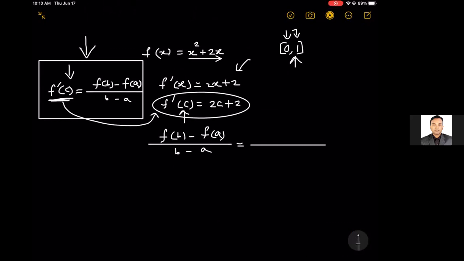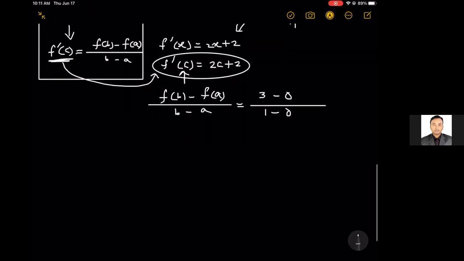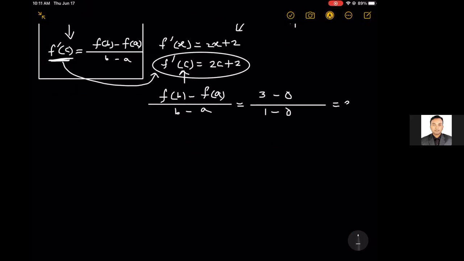So if we plug in 1, we get 1 squared plus 2 times 1, which is 3, minus, if we plug in 0, it will give us 0. And b is 1, a is 0, so 1 minus 0. So it will be 3. Do you agree? Any question from the right-hand side? I mean, what did I do or how did I do?